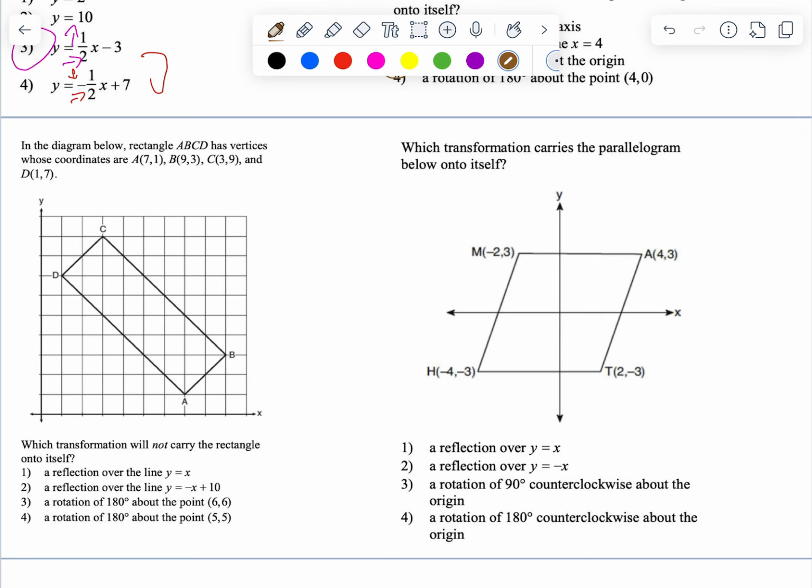Okay. Which transformation will not carry the rectangle onto itself? And we're going to pick the best answer. A reflection over the line y equals x. Okay, so we see what that looks like. A reflection over the line y equals negative x plus 10. This is 10, so that's the y-intercept. And then a slope of negative 1.